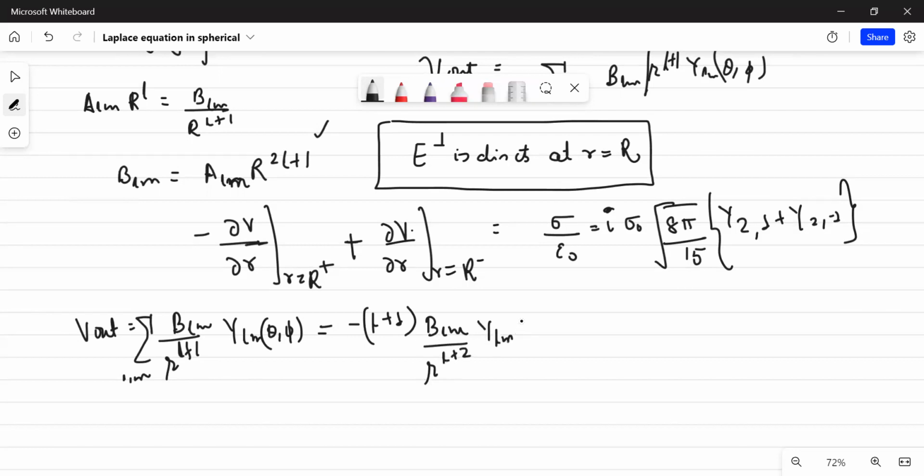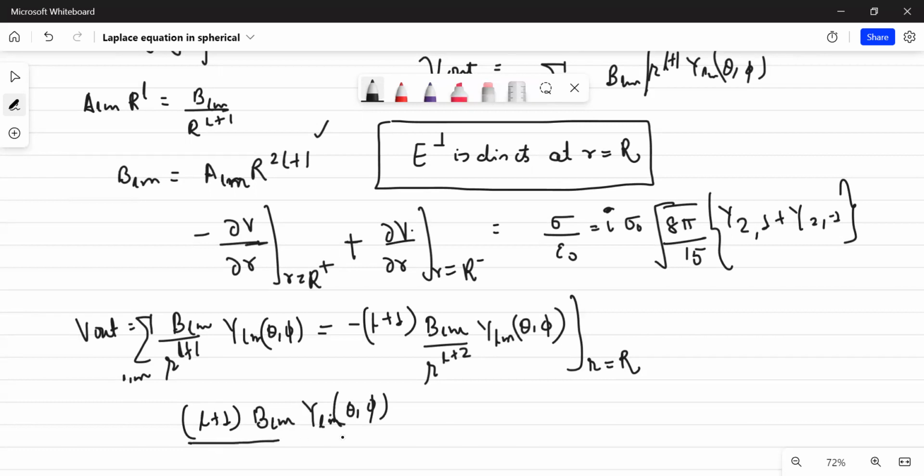And then plus, you will have l A_lm, with R raised to power l minus 1, and then Y_lm(theta, phi), because the derivative of r raised to power l will be l r raised to power l minus 1, and we evaluate at r equals R.